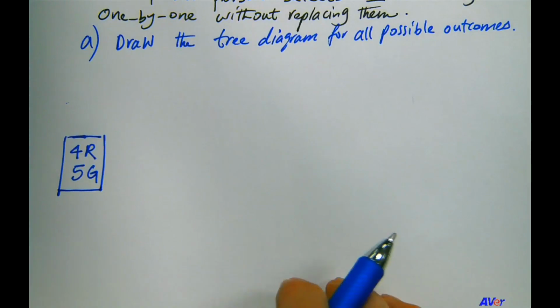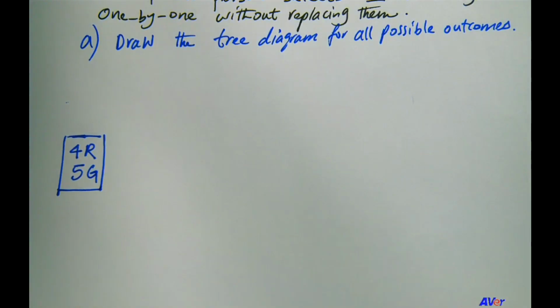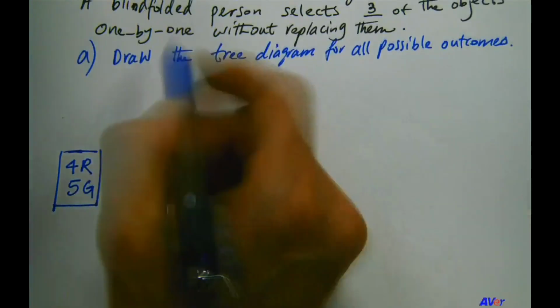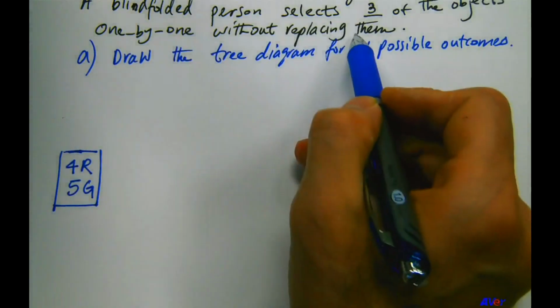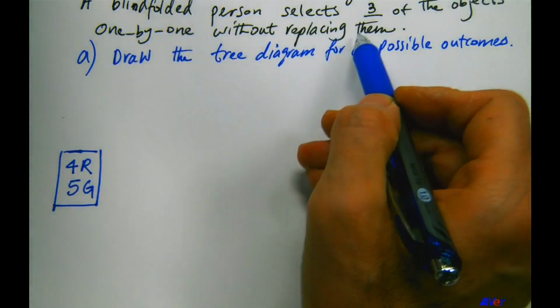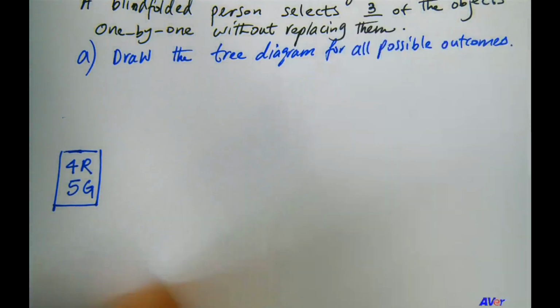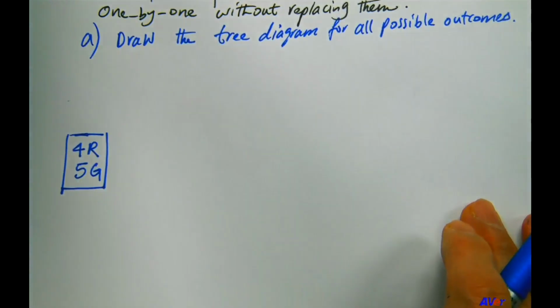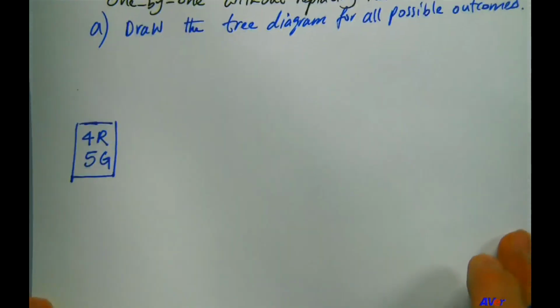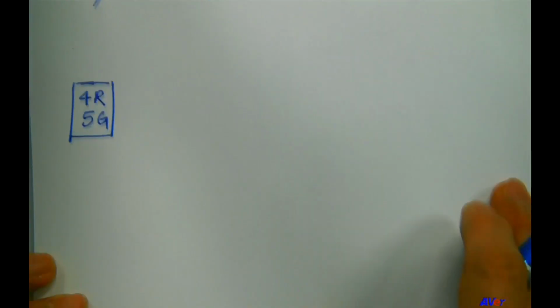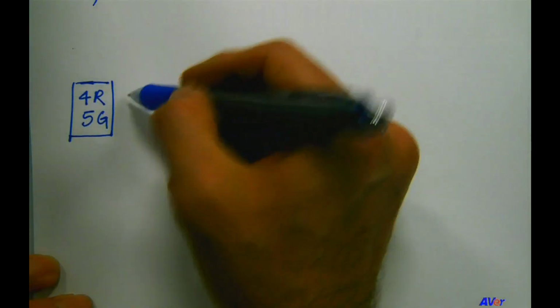So this blindfolded person makes 3 selections, one by one, and without replacing them back. So each object withdrawn is not being put back, okay? That's very important because it'll change the probability from selection to selection. So the first draw will happen right here, right?